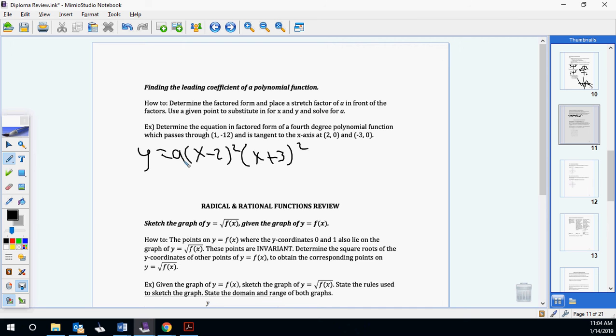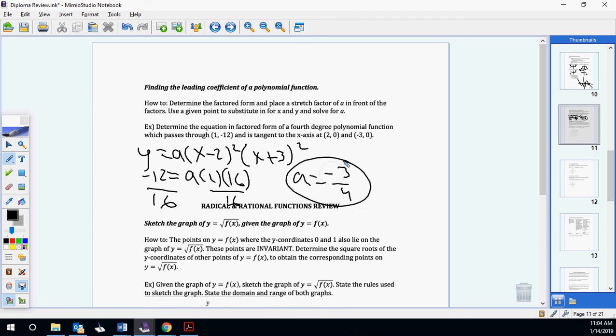Okay, so if I put 1 in, 1 minus 2 is negative 1. Negative 1 squared is just 1. So that's going to be 1 there. Put in 1 here. 1 plus 3 is 4. 4 squared is 16. It's supposed to be negative 12. So that means A, divide by 16, is negative 3/4. So A is negative 3/4 for this example.